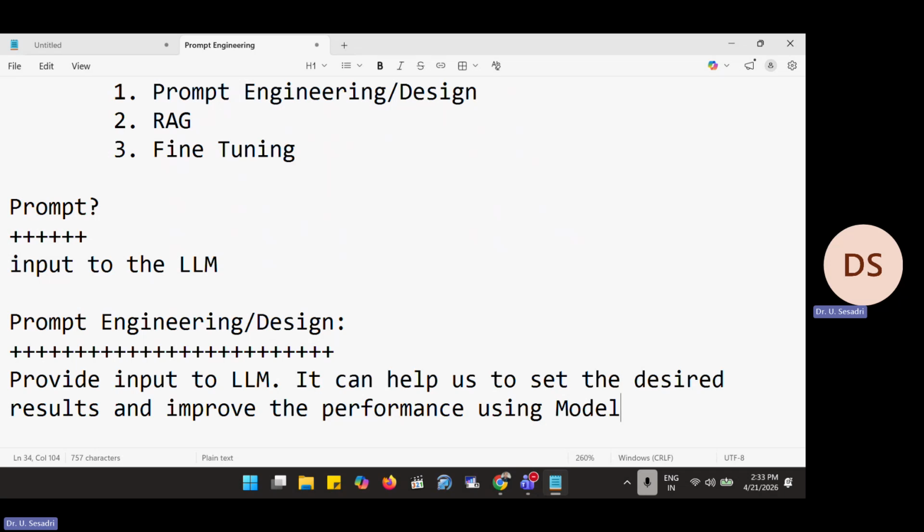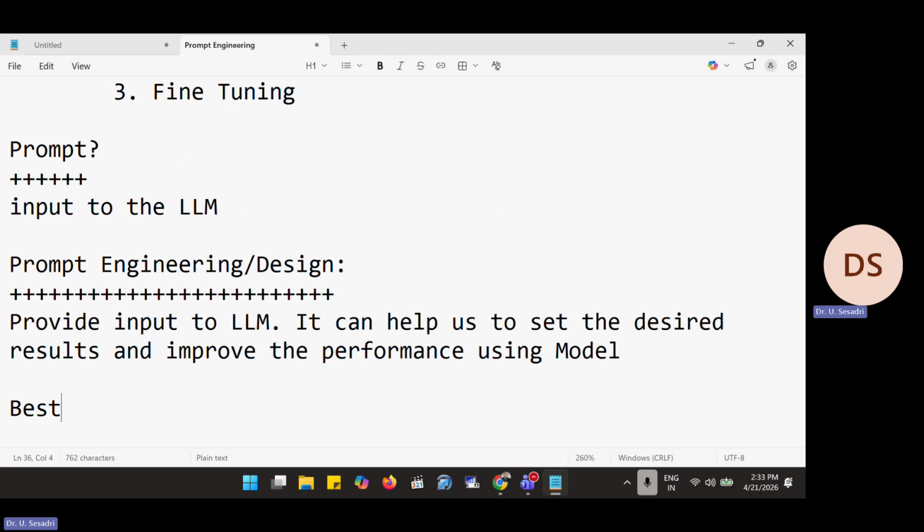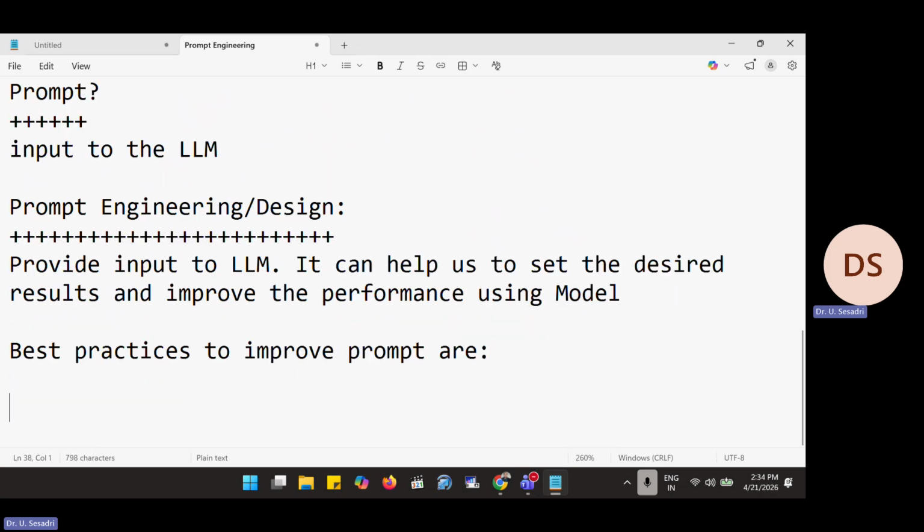Here, some best practices to improve the prompt are as follows. One is to write clear instructions.